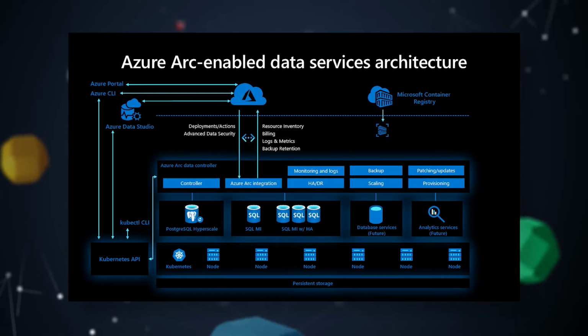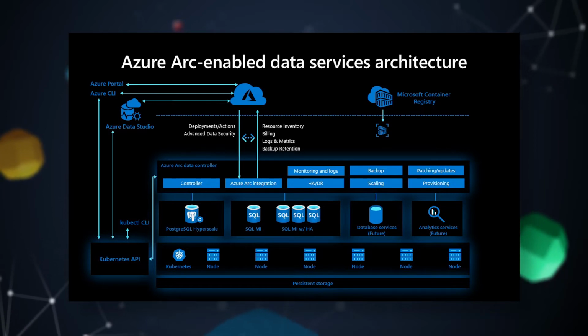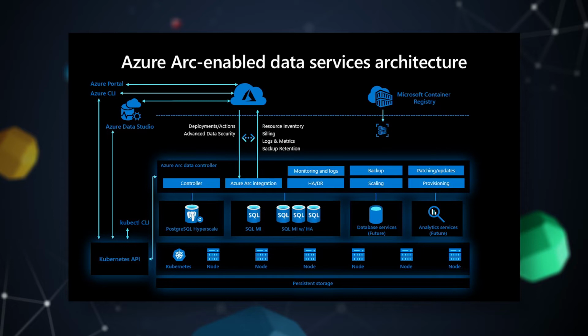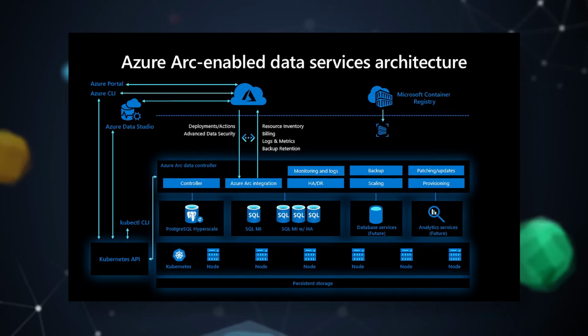And that controller gives you that connectivity to the Azure cloud for data services. Over here is the Azure cloud on the top and the Microsoft Container Registry through which updates and patches and packages can get downloaded.